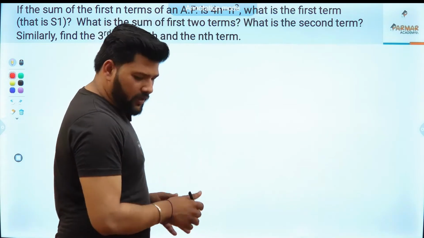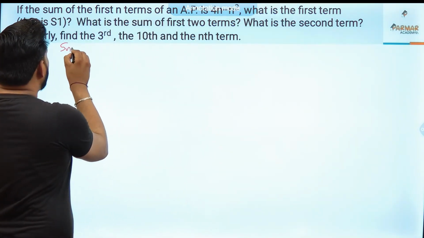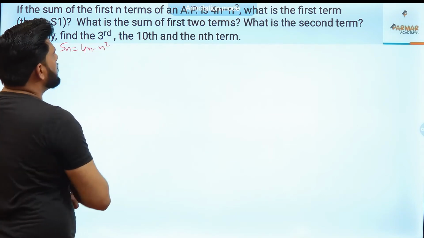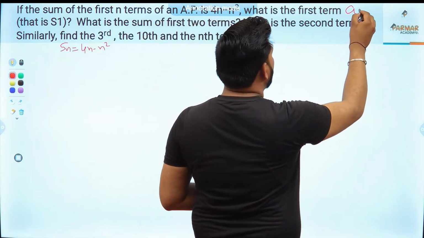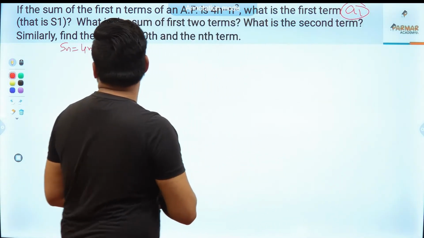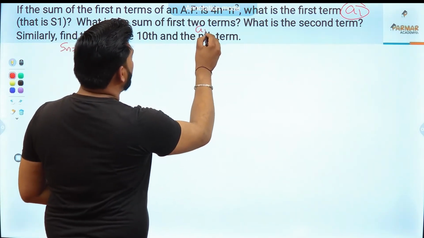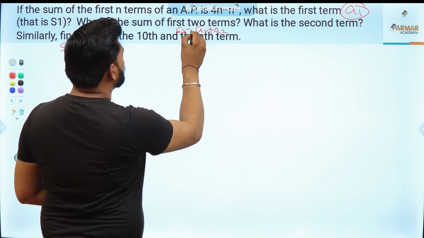In this question we are given the sum of first n terms, that is Sn is given as 4n minus n square. Our task is to find the first term, that means a1. What is the sum of first two terms? We have to find a1 plus a2, or simply S2.